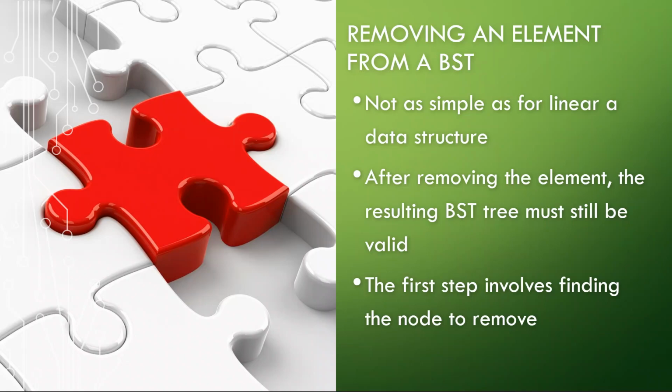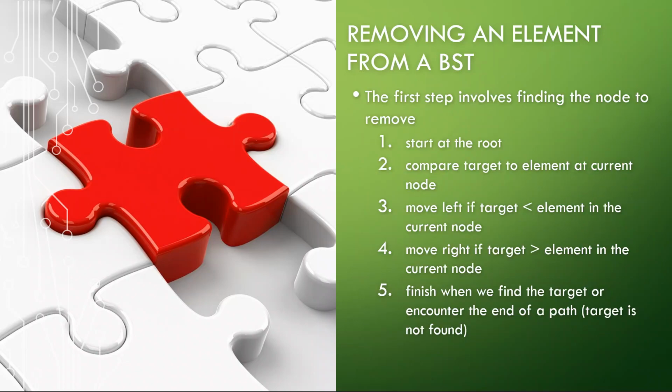After removing the element, the resulting binary search tree must still be valid, i.e. it must be a binary search tree. So the first step involves finding the node to remove. Same here as what you've done before with the find. Start at the root. Keep comparing the data until you find a match. If you don't find it, you stop.